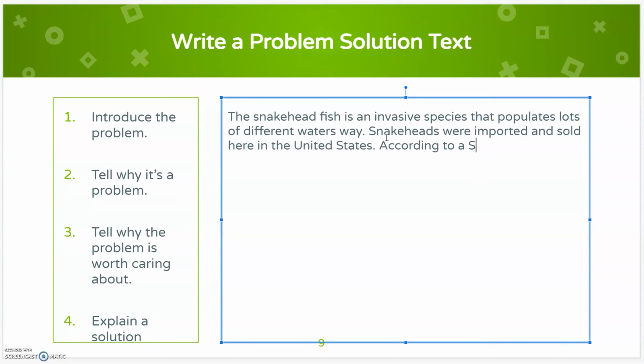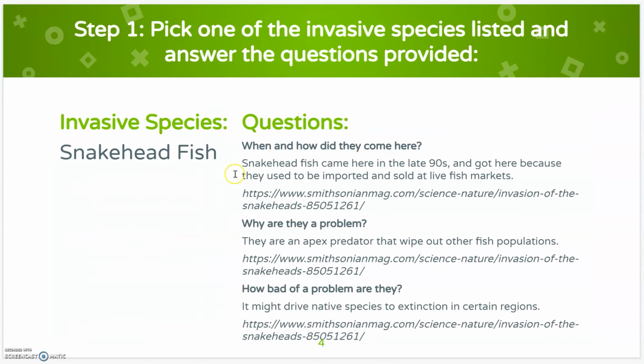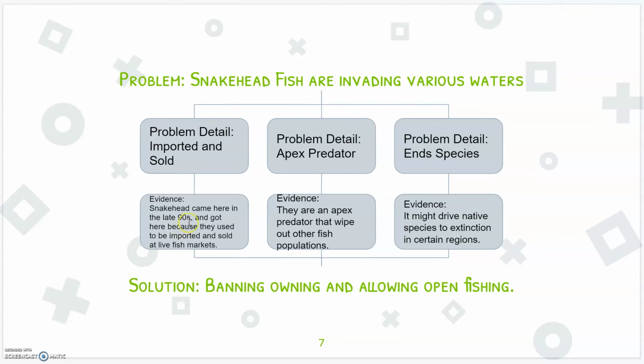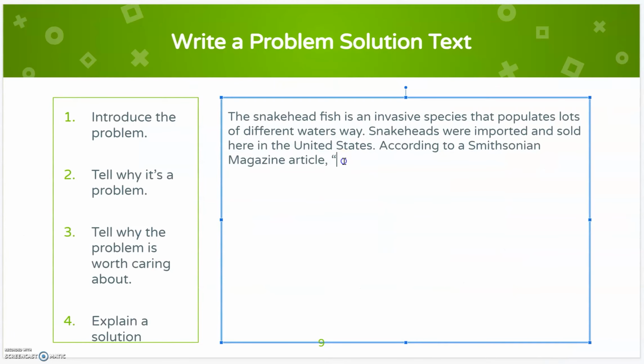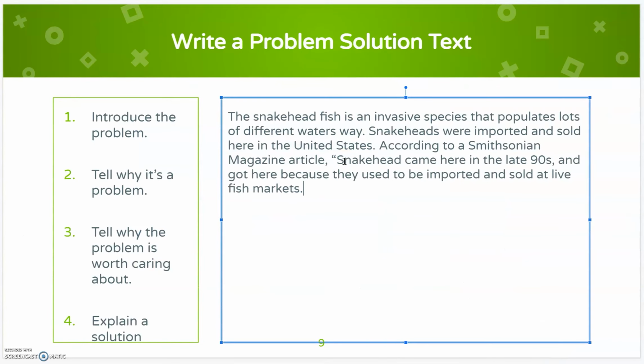According to a Smithsonian Magazine article, and now I'm going to use my evidence for that. Okay, notice how I took this and turned it into a full sentence, and now I'm providing my evidence. Alright?